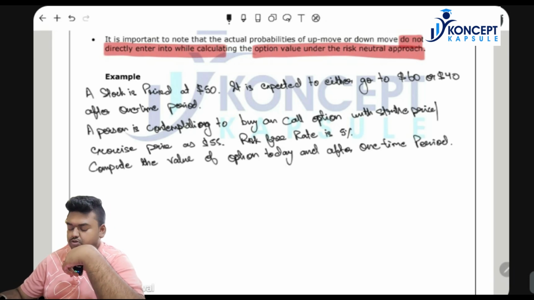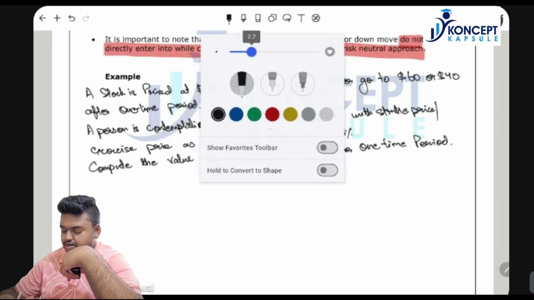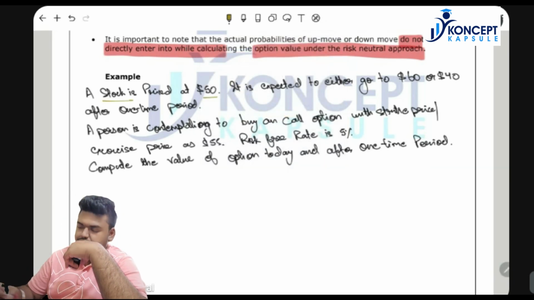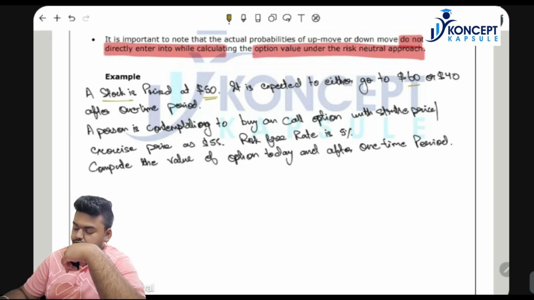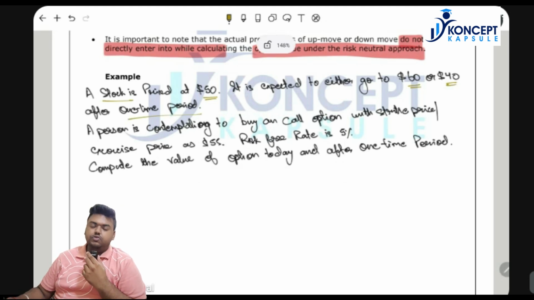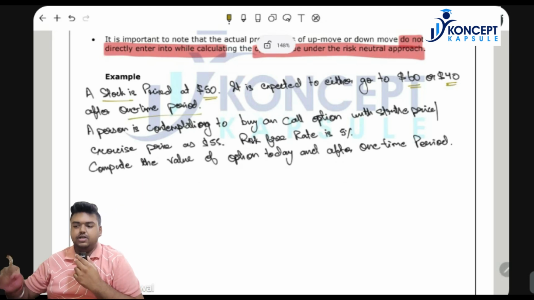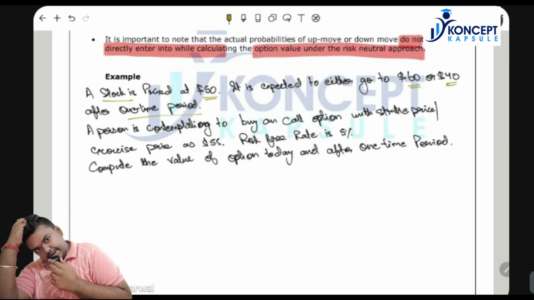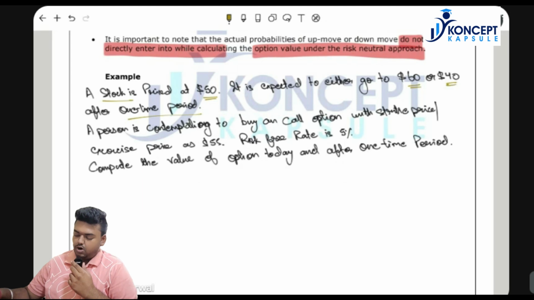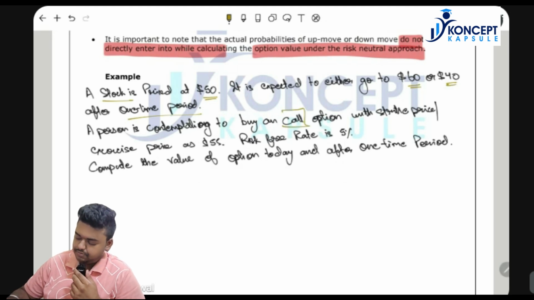Okay, guys. So let me just read the question again. A stock is priced at $50. It is expected to either go to 60 or 40 in one time period. We are again told that a person is contemplating to buy a call option.